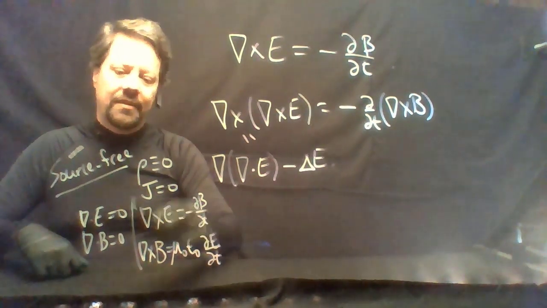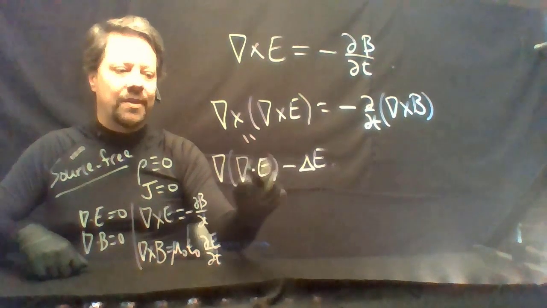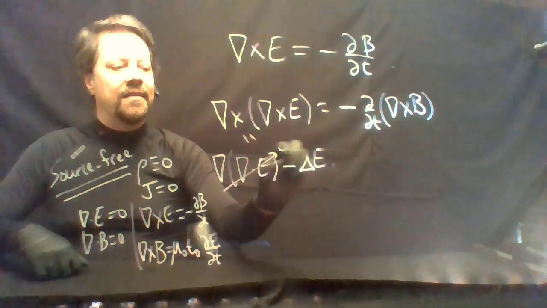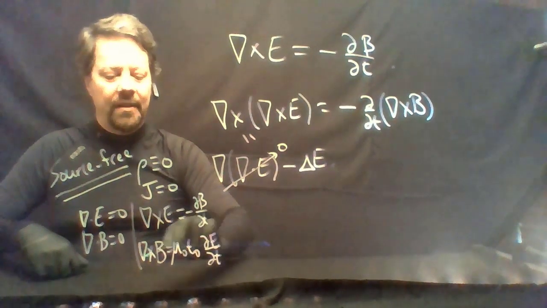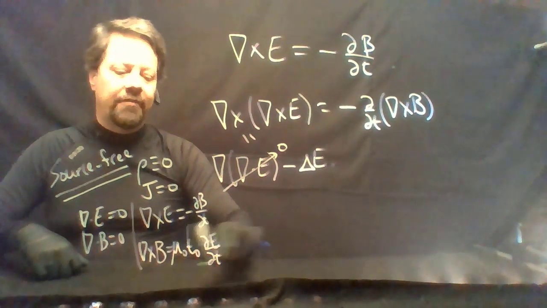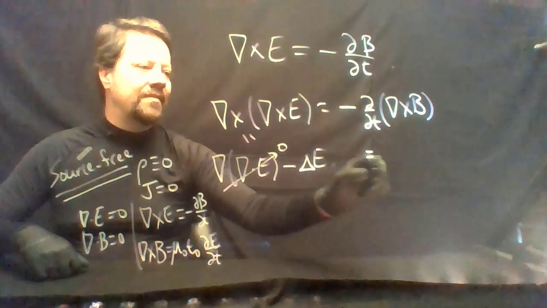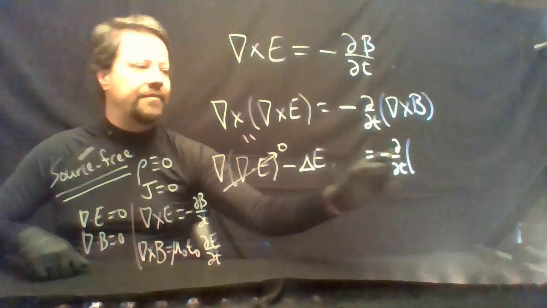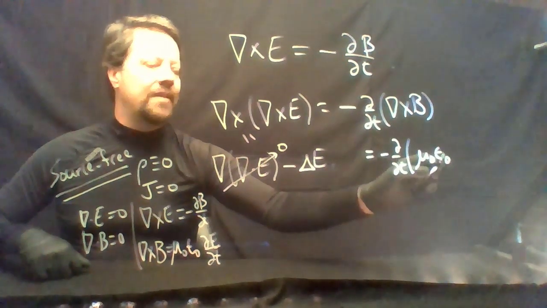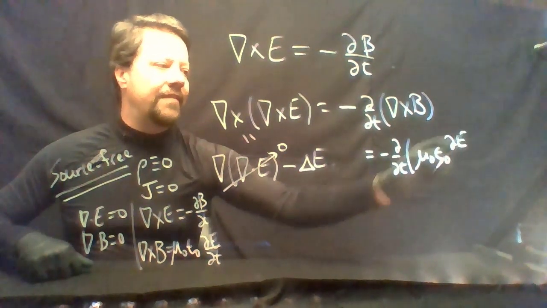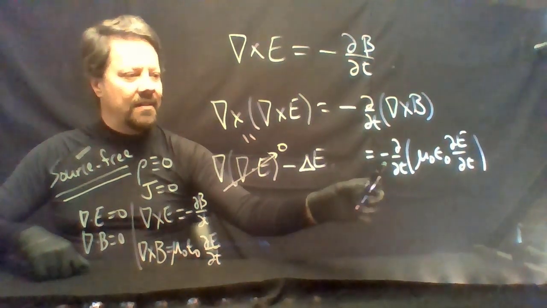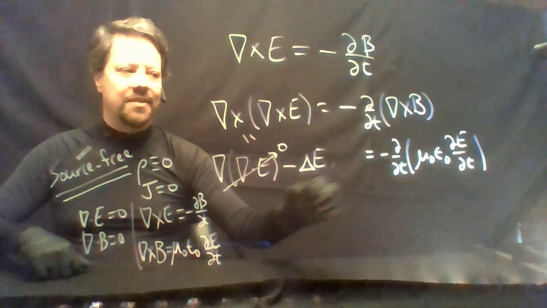If we have divergence E equal to 0 in this special case, the source-free case, this term will go to 0. Also, the curl of B can be replaced. We'll have minus the derivative with respect to time of mu naught epsilon naught times the derivative of the electric field with respect to time. We have a negative on each side of the equations.